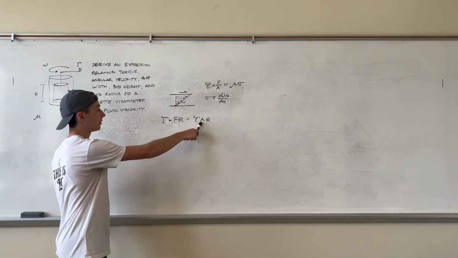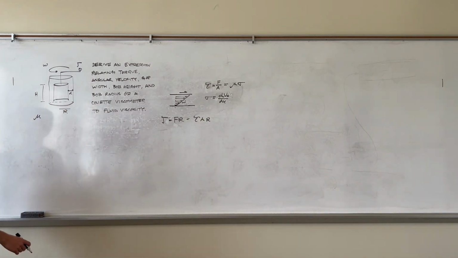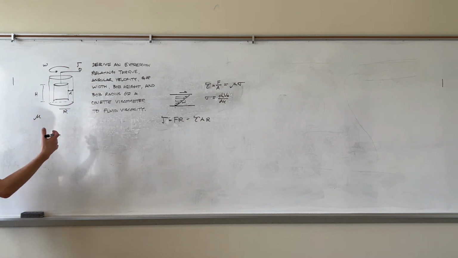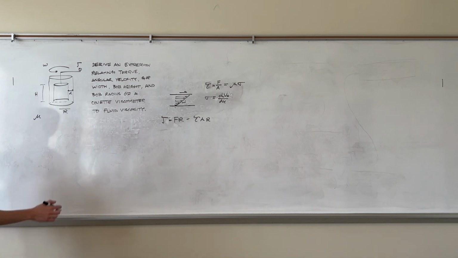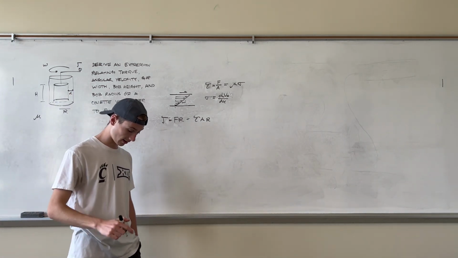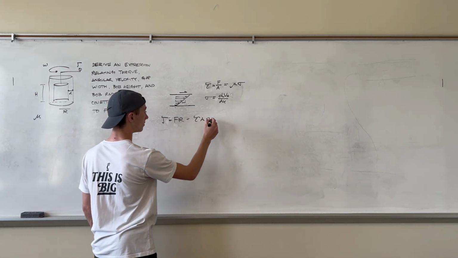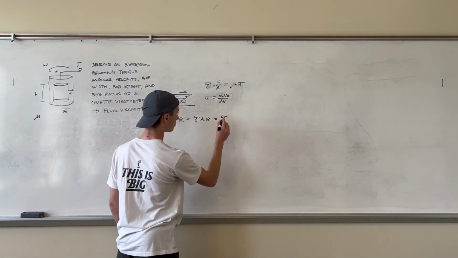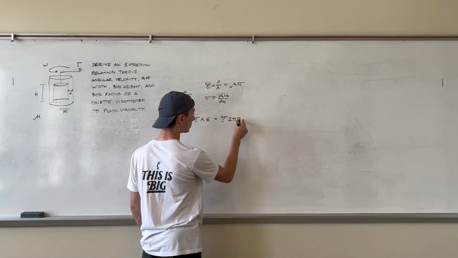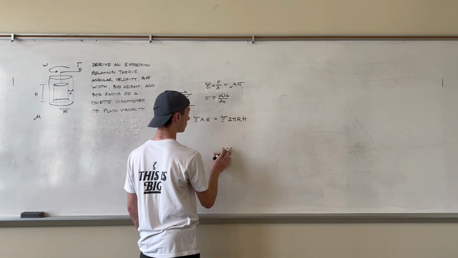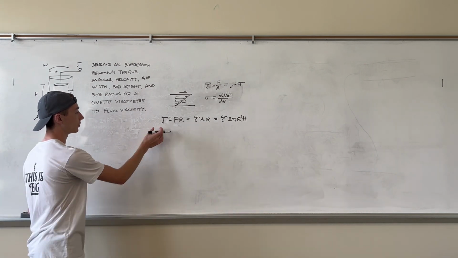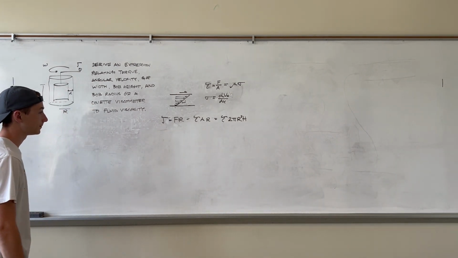And the area here is the contact area between the interior cylinder and the fluid, so that becomes the circumference of the barrel times the height of the barrel. So we get shear stress times 2 pi r times the height, and then times r again, and that's all equal to our torque, tau.